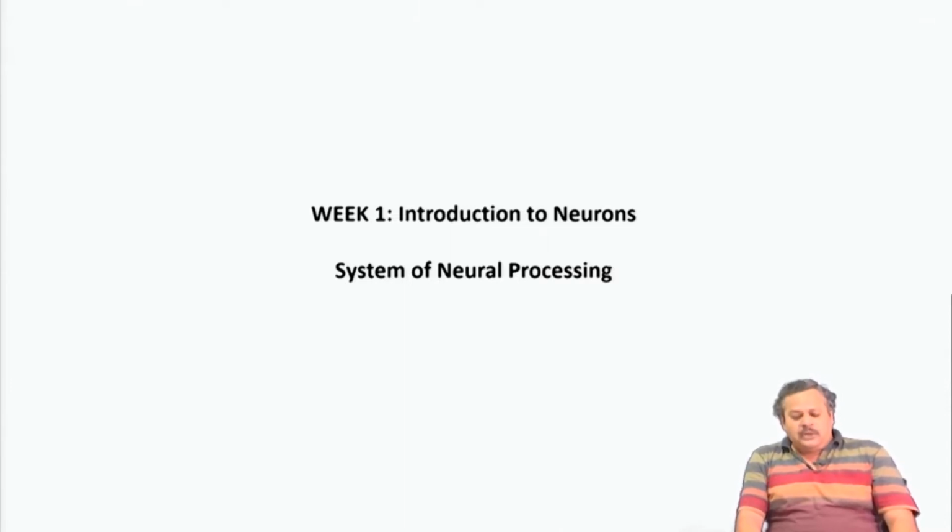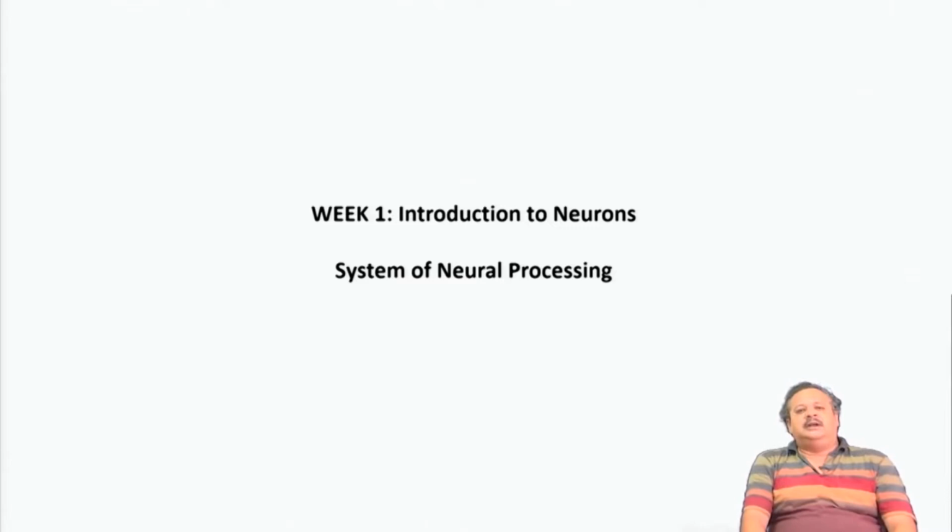And we have mentioned that there is a certain way in which the arrangement is present in these different sensory pathways. And let us discuss that in our lectures about the system of neural processing, that is the way the different systems are organized in order to achieve neural processing.